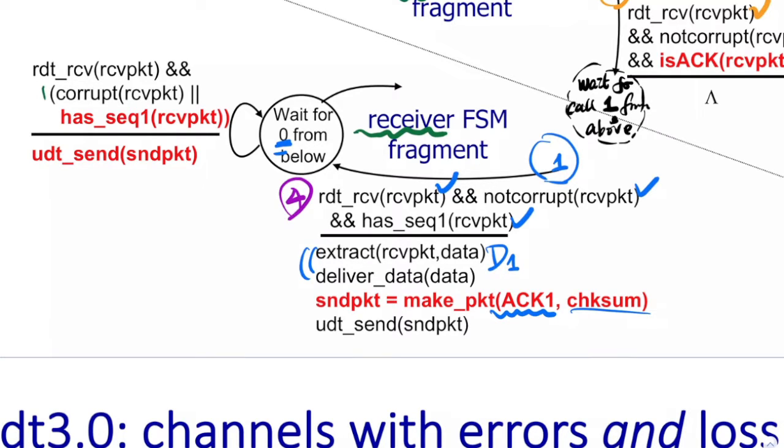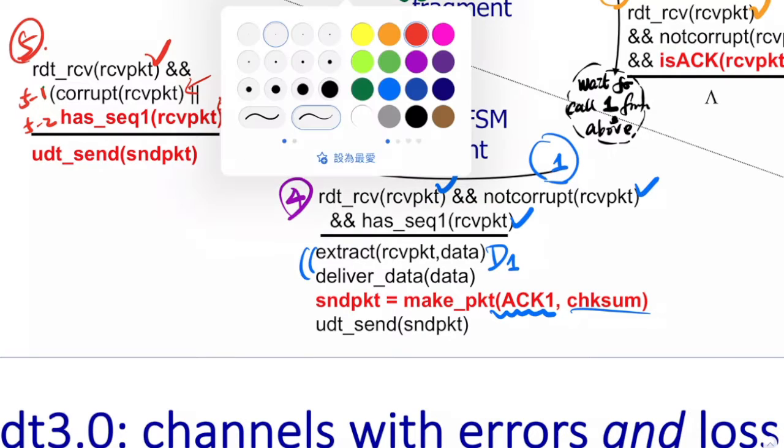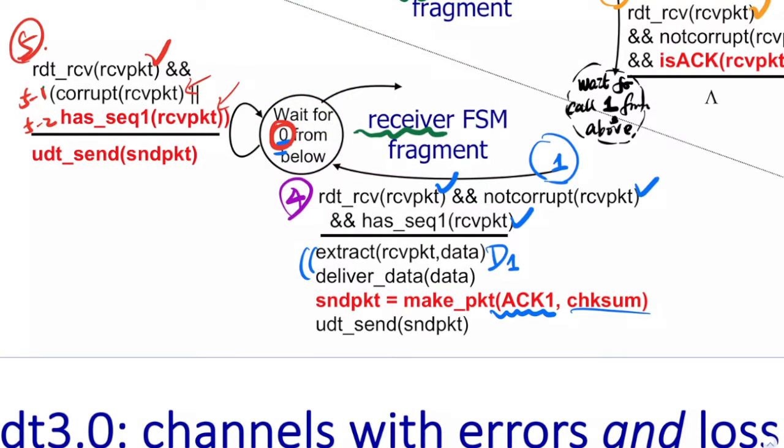Here is the problem: if you are expecting data number 0 and you have a packet that is either corrupted or has the wrong sequence number, there must be something wrong with the sender.